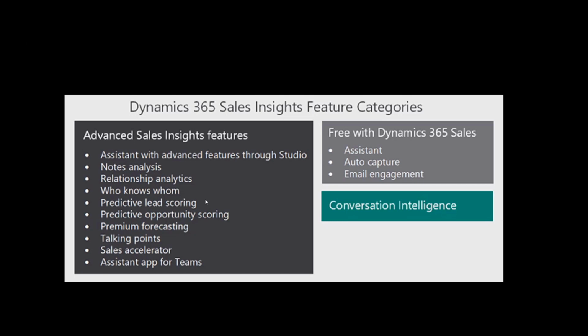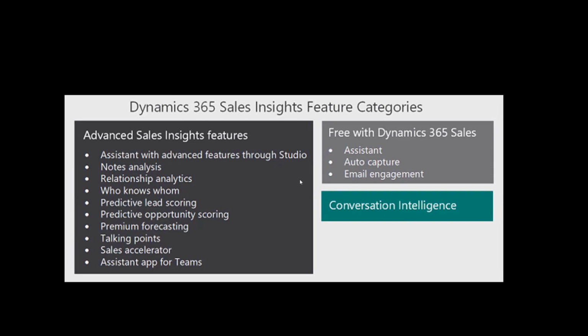So if you say that this account has a revenue of more than 5 million and they're closing in the coming quarter, based on the actions that the salesperson has taken with that account, it tells you that, okay, this lead is more potential for closing. So we've got that, and we've got Sales Accelerator, and we've got an add-on for Teams. I'm going to go into details on this in the next few slides.